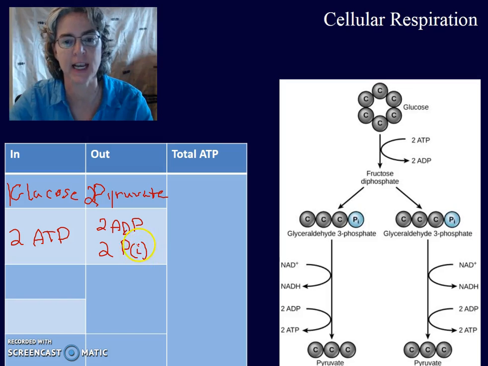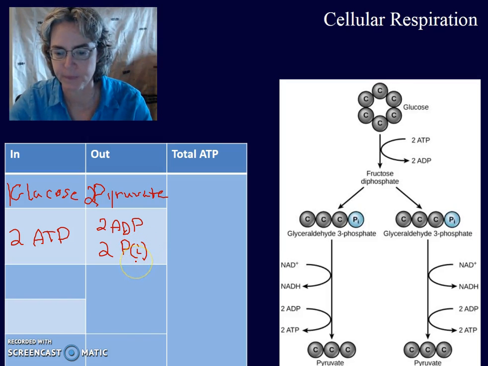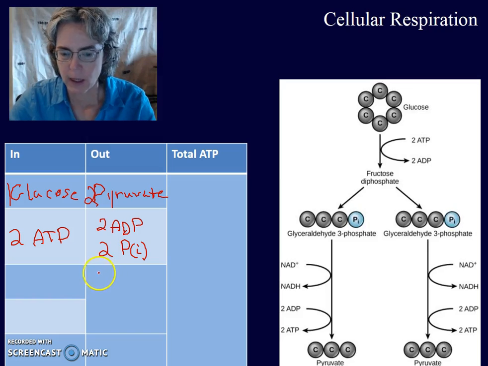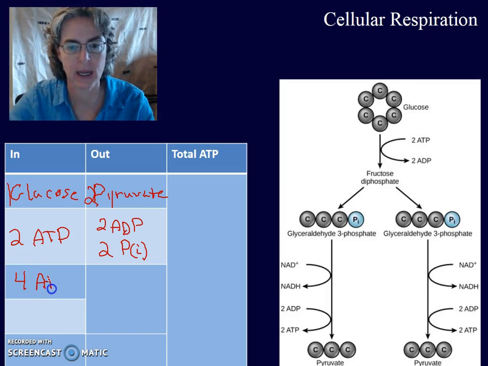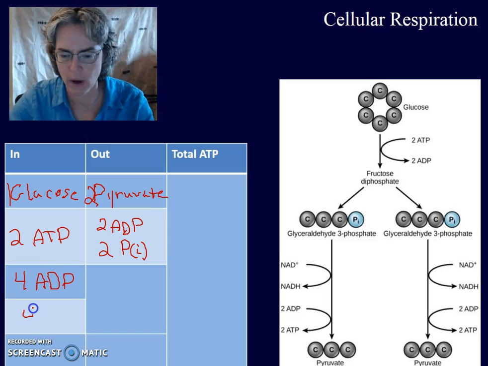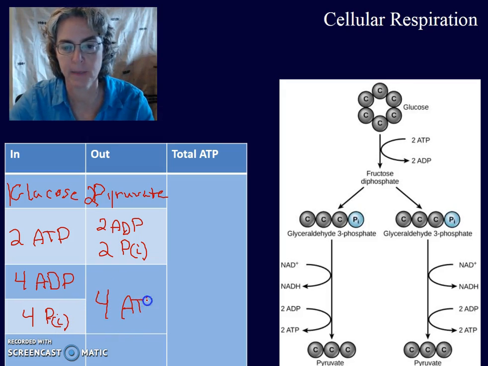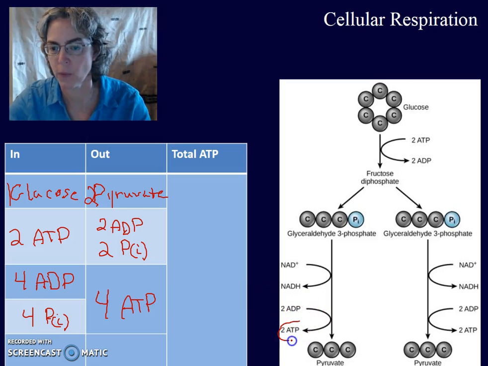So phosphate, and it's inorganic. Both of those go back into the reaction with 2 more. So then we have 4 ADP, adenosine diphosphate, and 4 inorganic phosphate molecules. And then we get 4 ATP. So here they are right here. There's 2 and there's 2.